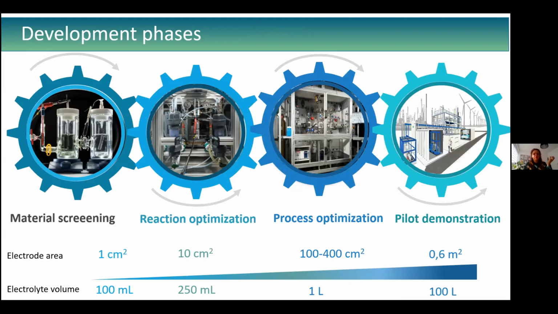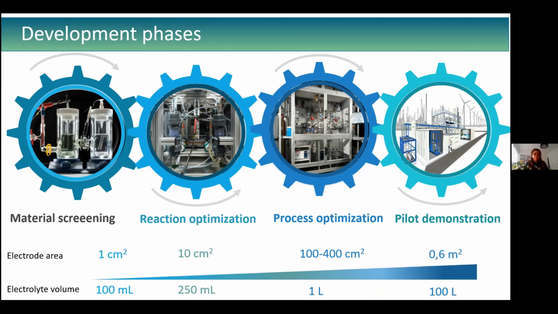In the first part of the project, we started with the material screening, and as was already explained in the first event of this series, there was a series of developments: the catalyst materials and structure done by Antwerp University, the gas diffusion electrodes developed by Vito, the type of electrolytes used in the reactor developed by the Technical University of Delft, and the reactor configuration that was studied by Tieno.